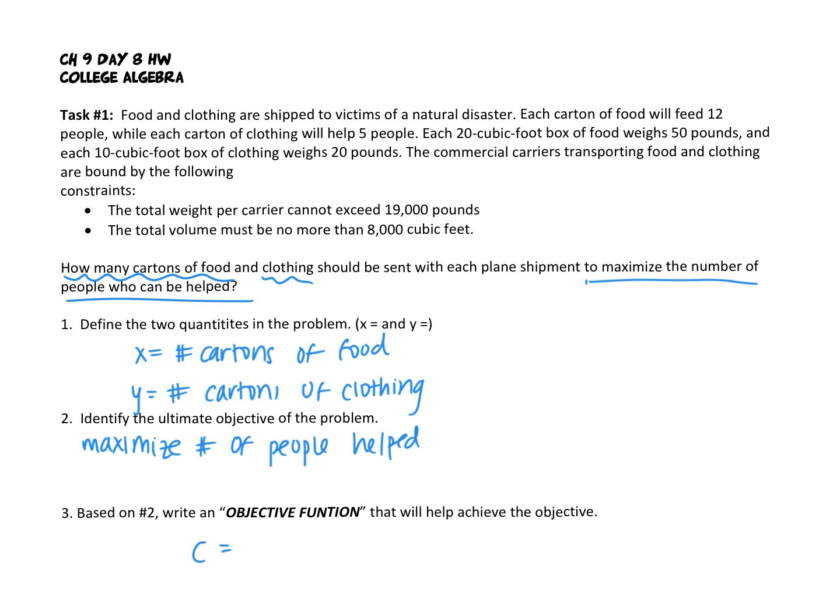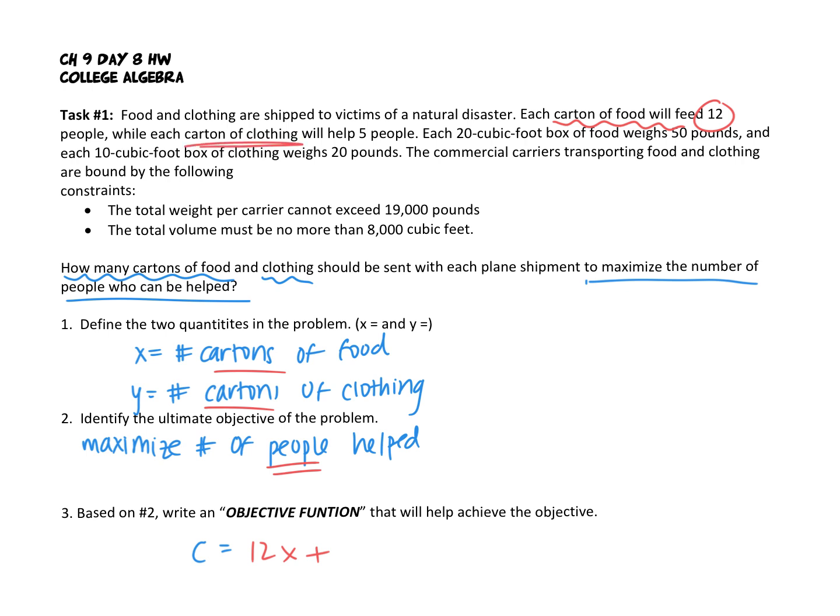Here's what we're looking at. We have number of cartons of food, number of cartons of clothing. We're looking at the number of people that could be helped. What we are told is each carton of food will feed 12 people. So if we have X cartons of food, 12X is the number of people that will be fed. So 2 cartons of food will feed 24 people.